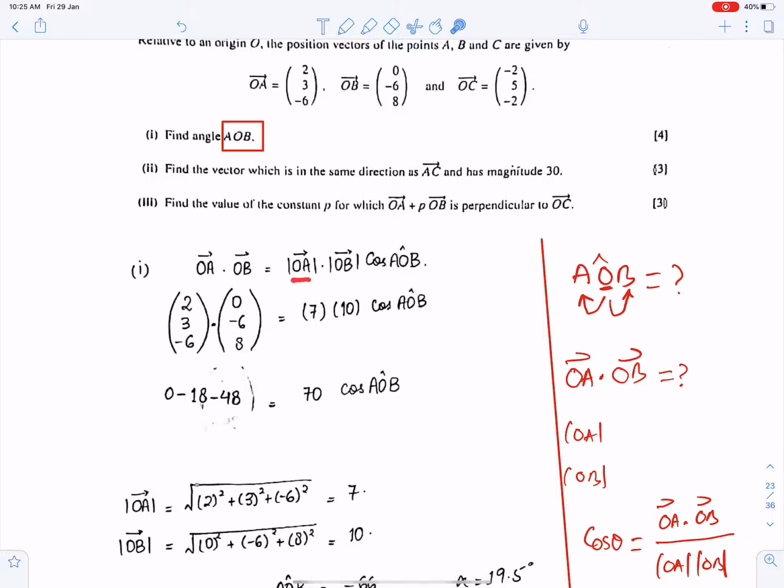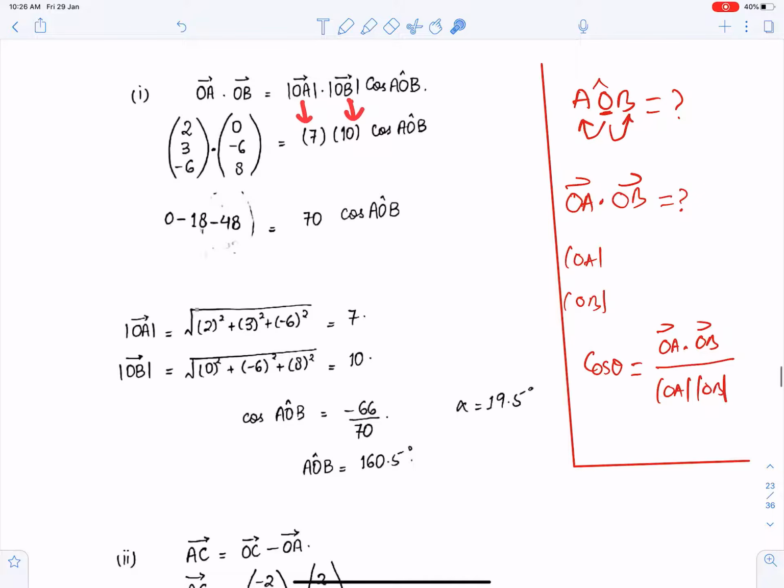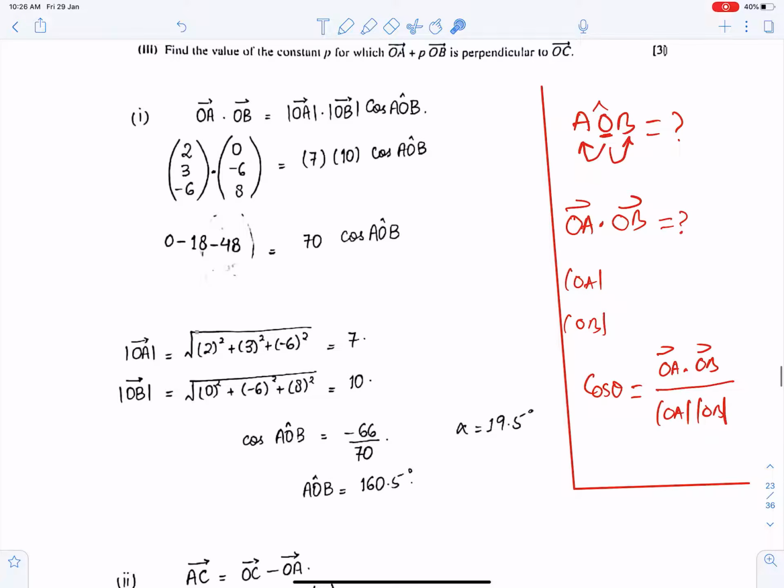And for OA and OB, get the magnitude of each vector. The magnitude of this vector is 7, it's here. And the magnitude of this vector is 10, it's here. So 7 and 10. You can also use this formula. Like this result is, I guess, minus 66. So this would be here. This is another way. You have two options.